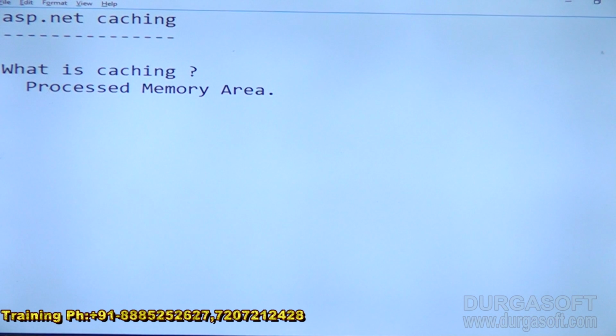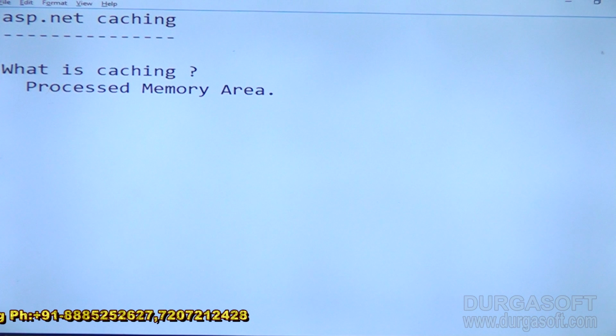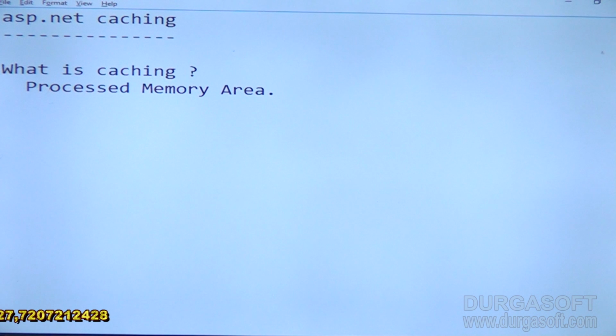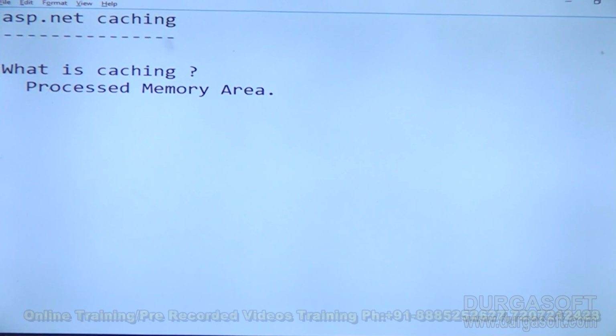Without caching, you take the request, process that 10 plus 20, and you get the result, 30. That 30 result you dispatch to the user, and once you dispatch it, you destroy that 30. Got it, all of you, or not?